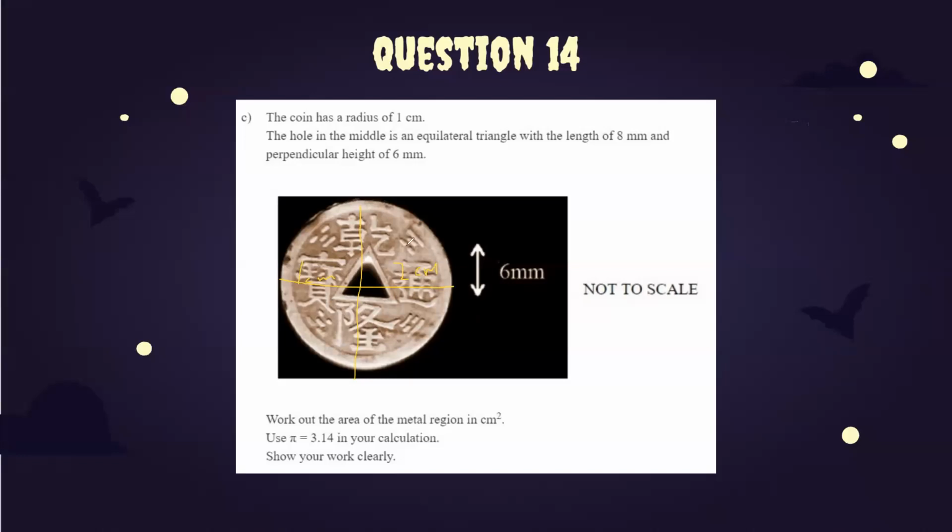So when you know that the radius is 1 cm, you can find the area for the coin.